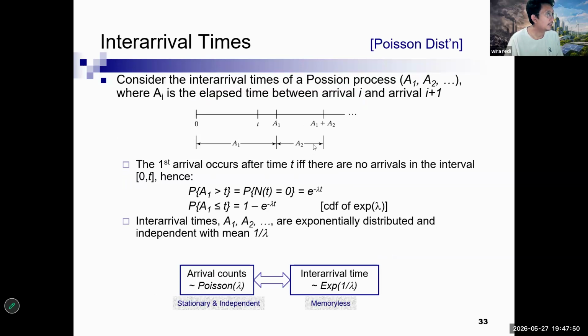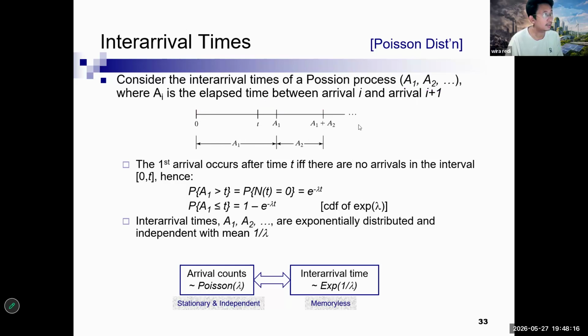Take an example of this. Inter-arrival times is actually a Poisson process where you are counting how many times a customer arrives: arrival 1, arrival 2, arrival 3, from time 0 until time t, for example.